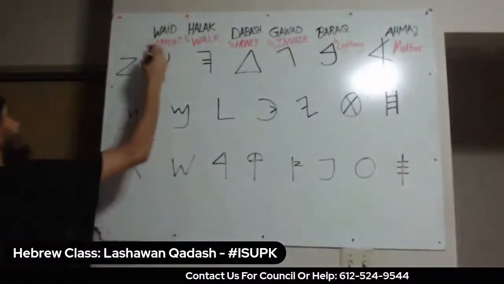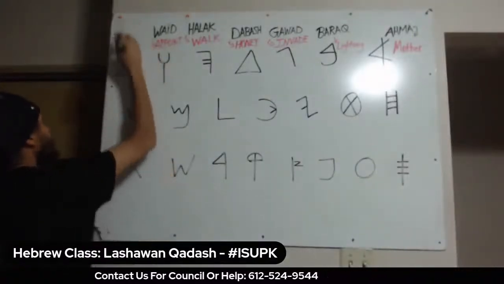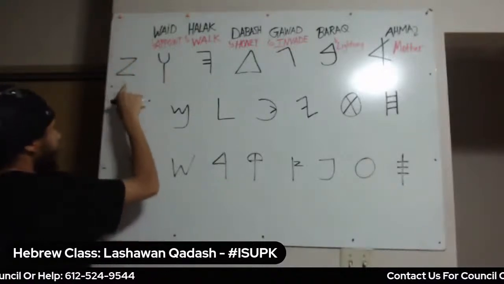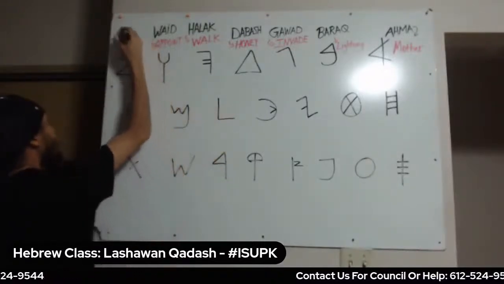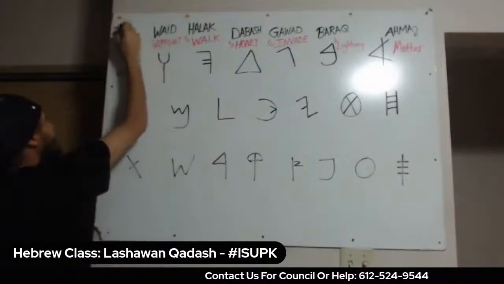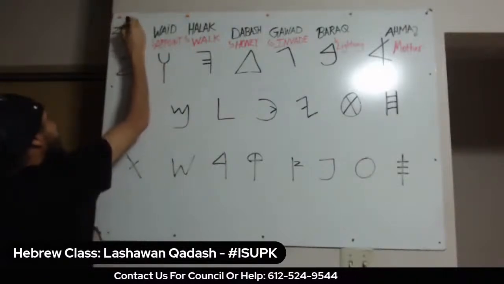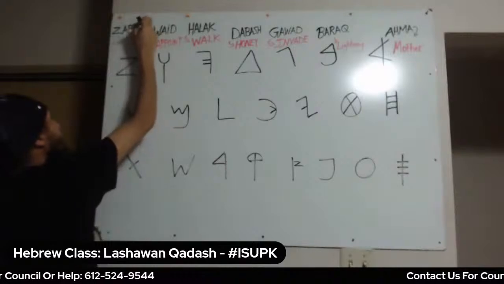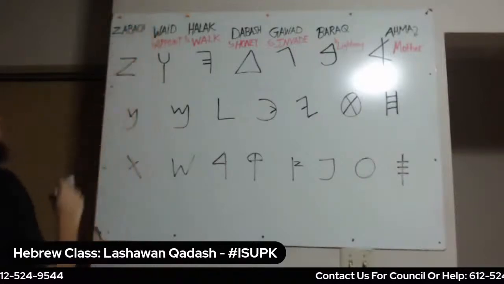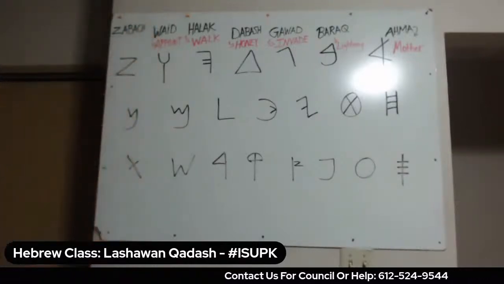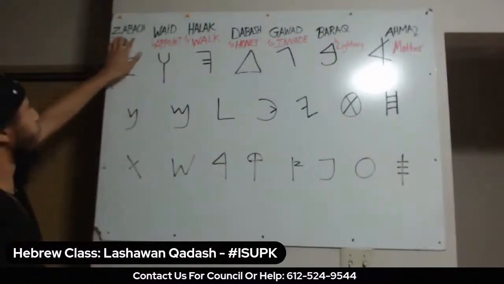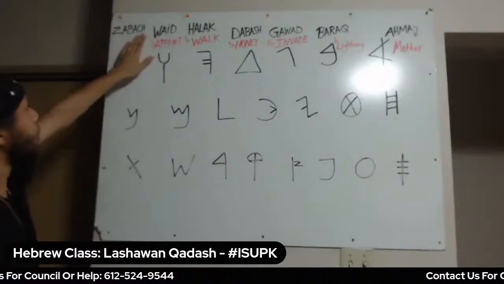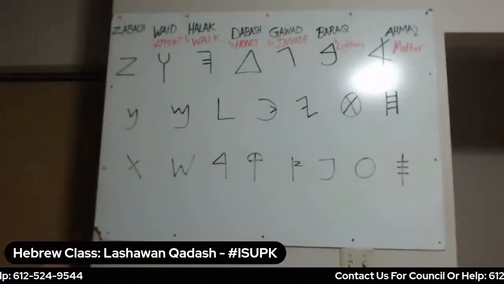So let's see, we got the zup. It looks exactly how it sounds, zup. Or some people may say English Z, but this is ancient Hebrew, so it's zup. The Hebrew word is zabak. So we got the z, the b, and the k, but the two a's drop off because the b and the k is connected together. So it's zabak.